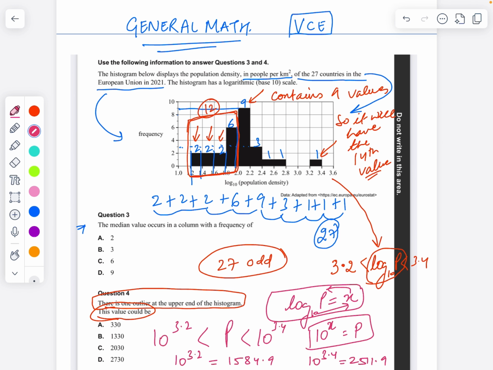Now you can see what value lies between 1584 and 2511. 330 is too low, 1330 is again low, 2030 falls in between these two values, hence the value of p has to be 2030. That is the correct answer.